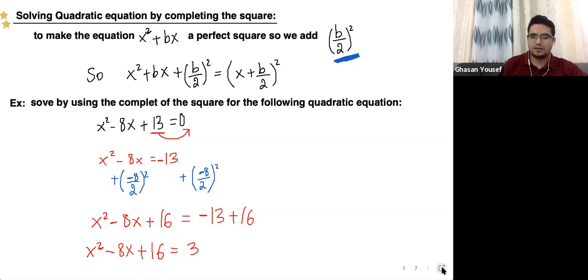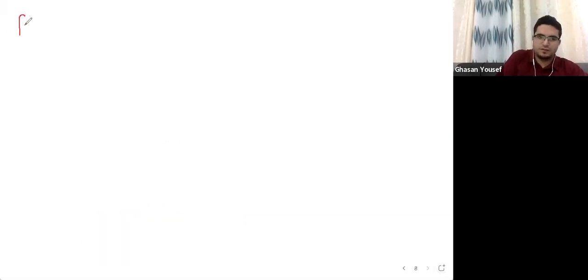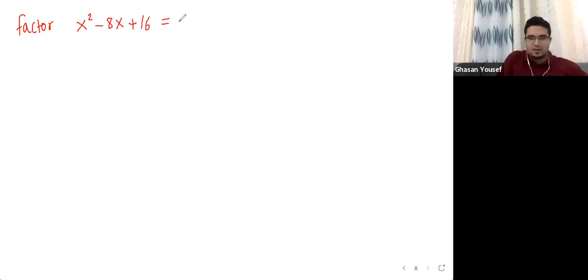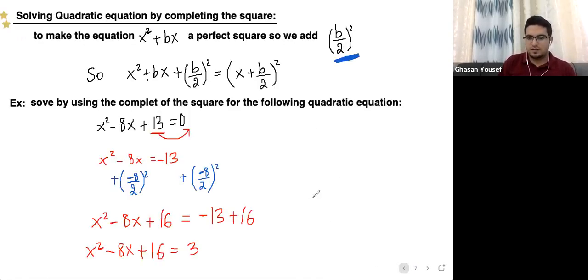So this is correct. Now factor x squared minus 8x plus 16, which equals 3.